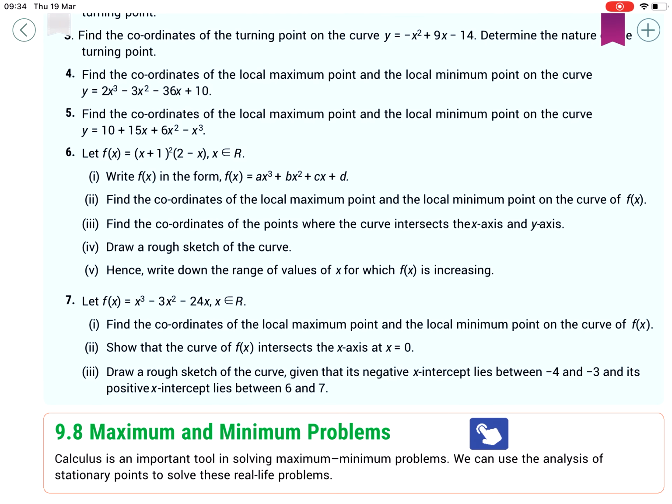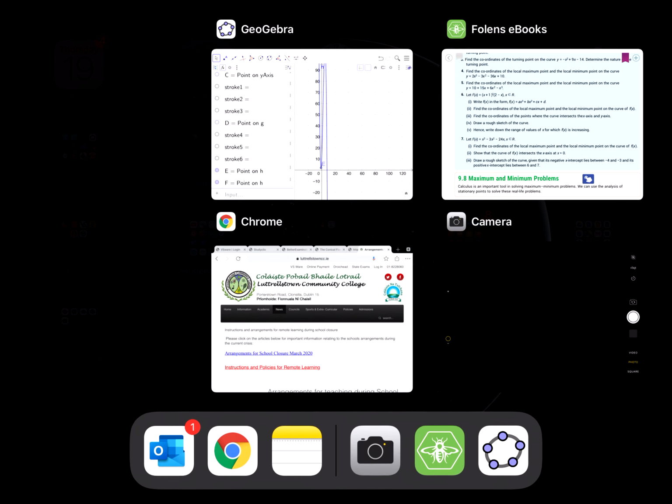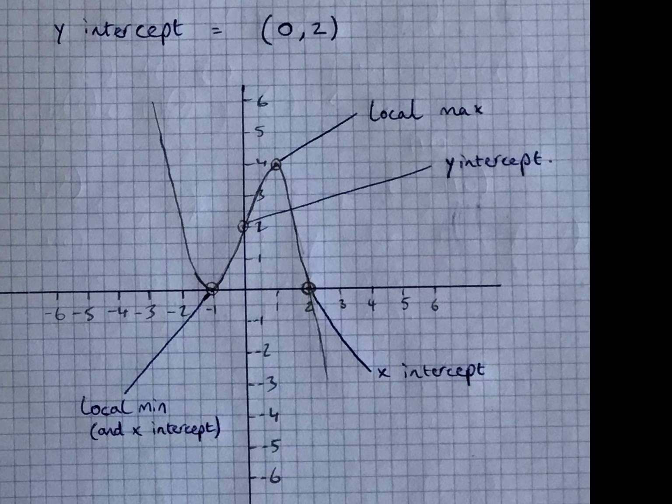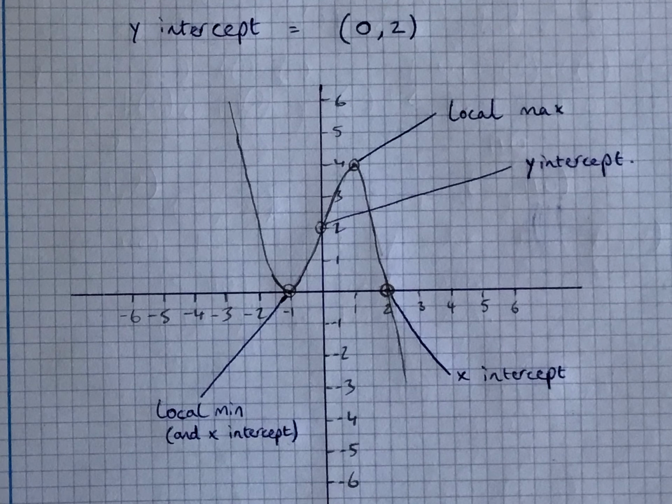Let's look back to finish that off. The last bit says, hence, write down the range of values of x for where the function is increasing. I haven't actually written this in the question, but let's have a look. I want to know the values on the x-axis where the function is increasing.